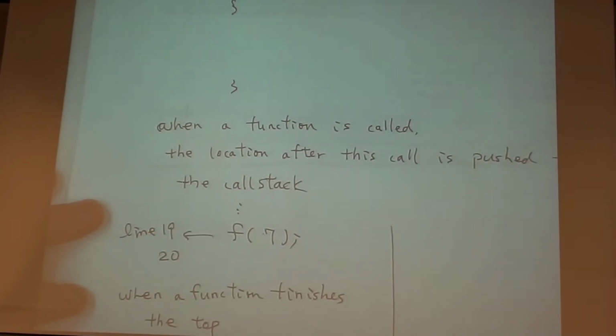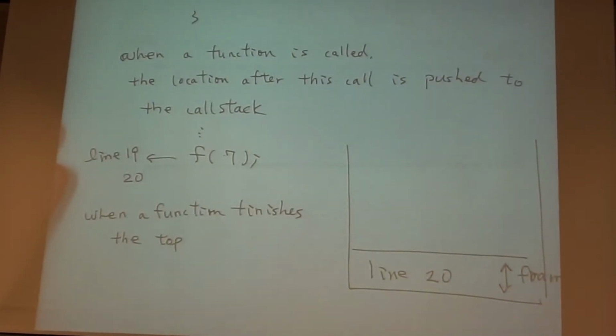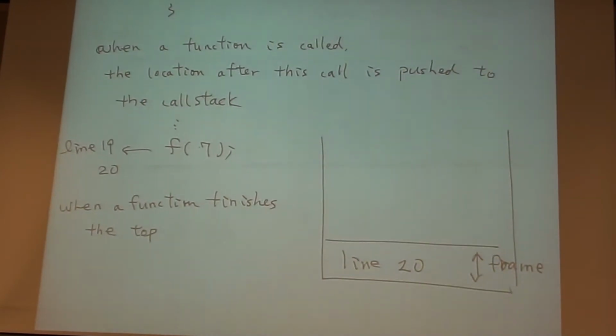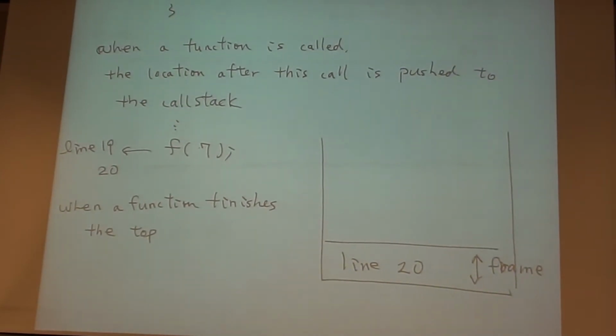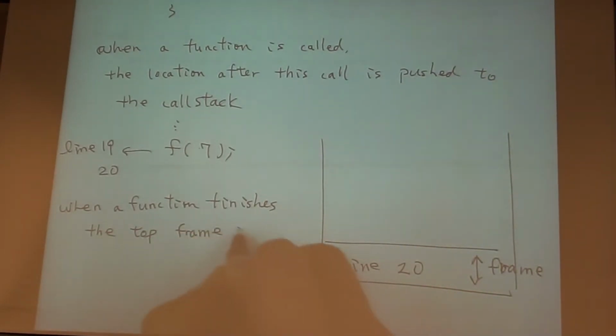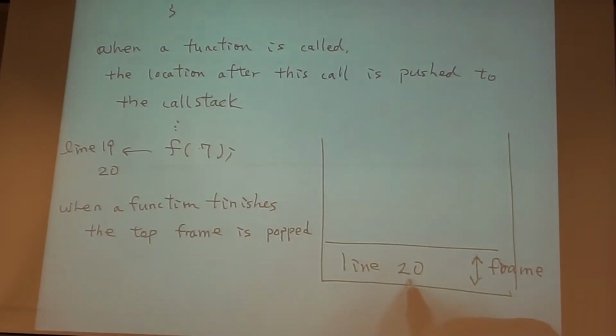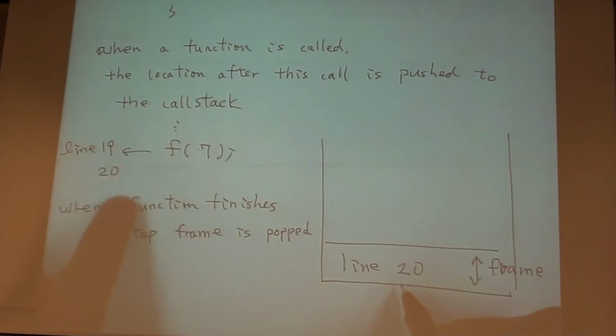Currently, this frame has only one thing inside. We'll add more things in a moment. When a function finishes, the top frame is popped. And that number is used for the program to know where it should continue. In this case, continue from line 20.